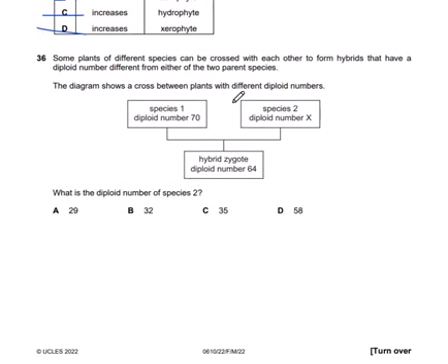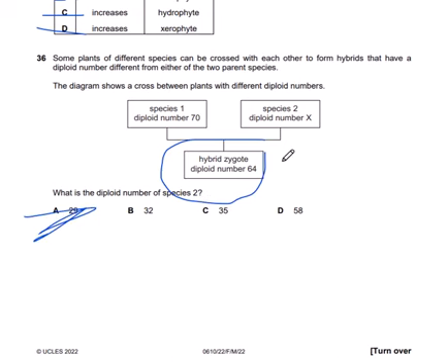Alright, sorry, I was the one confused. This question was one of the confusing questions in this paper. So basically, they said that the zygote did not have the same diploid number or haploid number as the others, right? So just take it as an example. If the diploid number of species 2 was 29, that wouldn't make sense, right?